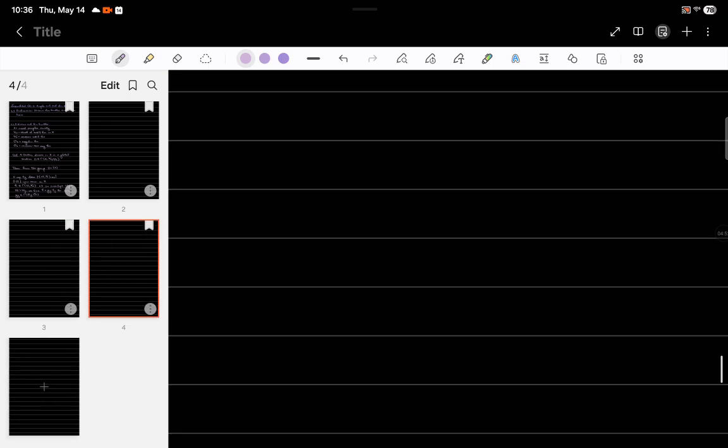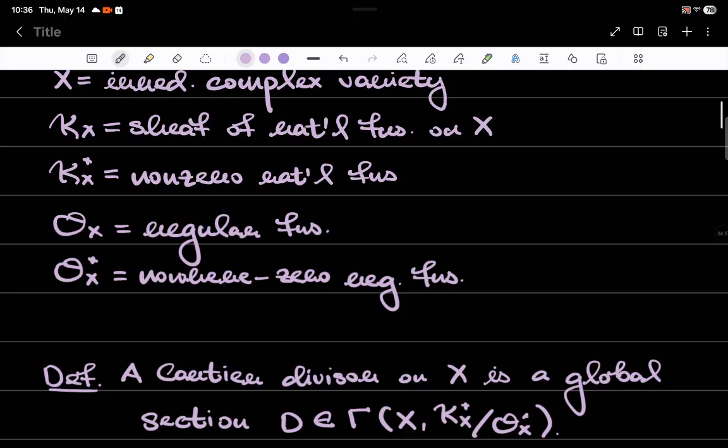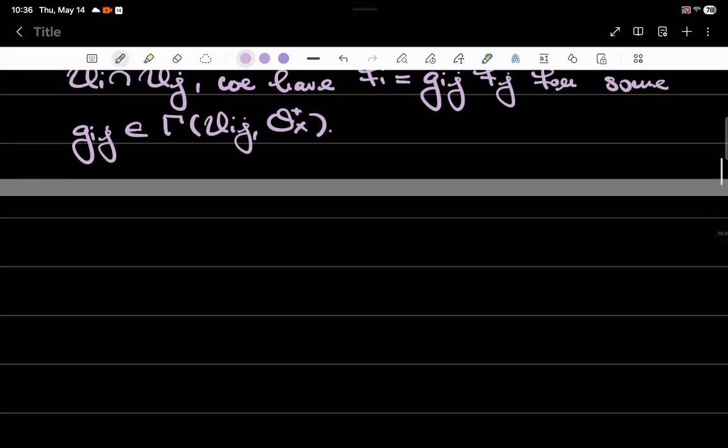Okay? So that is to say, it's a globally compatible system of local rational equations.